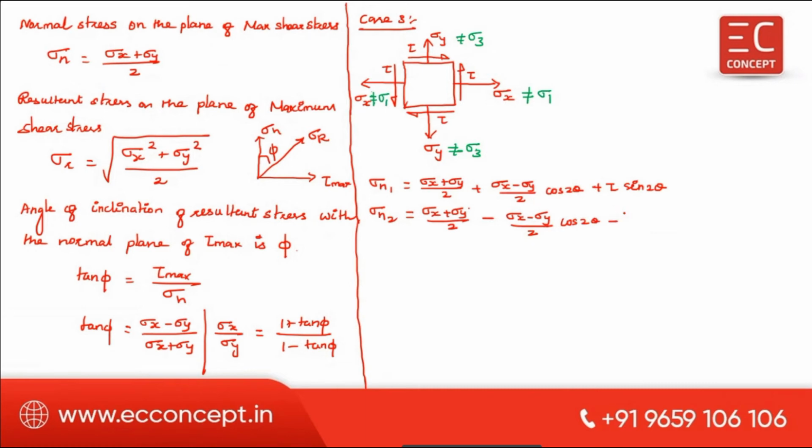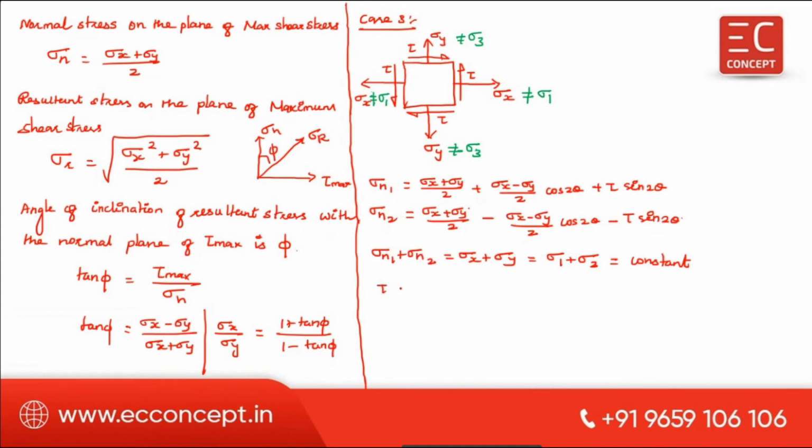Here all are positive, here negative. Now sigma n1 plus sigma n2 is equal to sigma x plus sigma y, which is equal to sigma 1 plus sigma 2, normal stress, which is equal to constant.